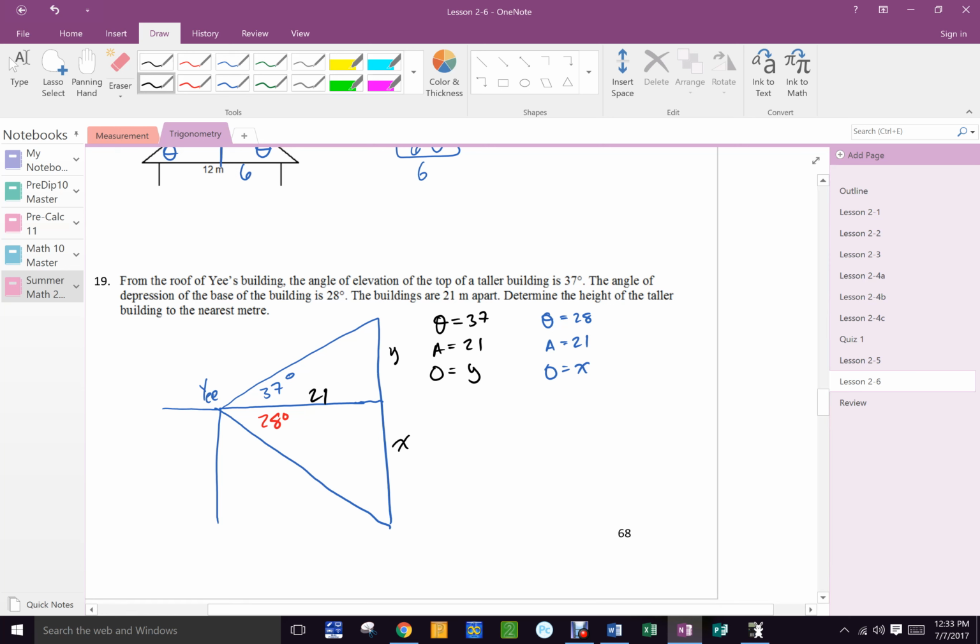Tan. So tan 37 equals y over 21, and tan 28 equals x over 21. So that is 21 tan 37, and that is 21 tan 28. What do I do with those two numbers to find the height of the building? Add. And that will give you your answer.